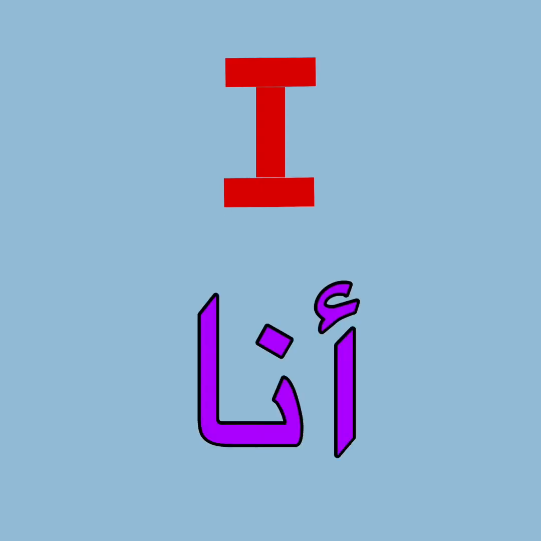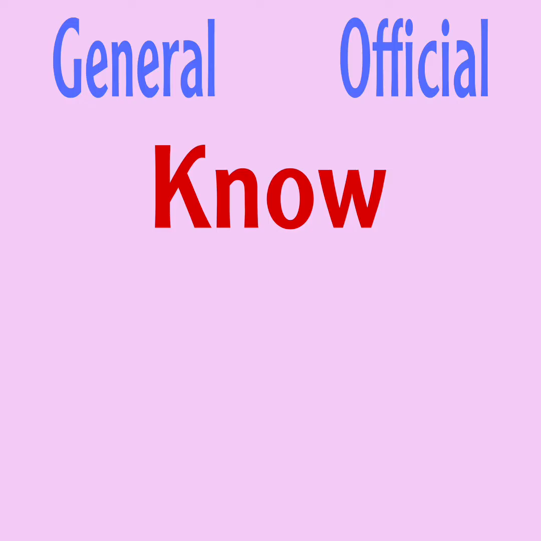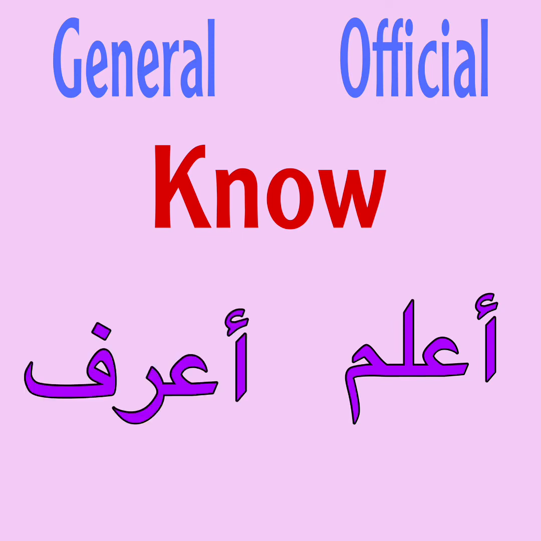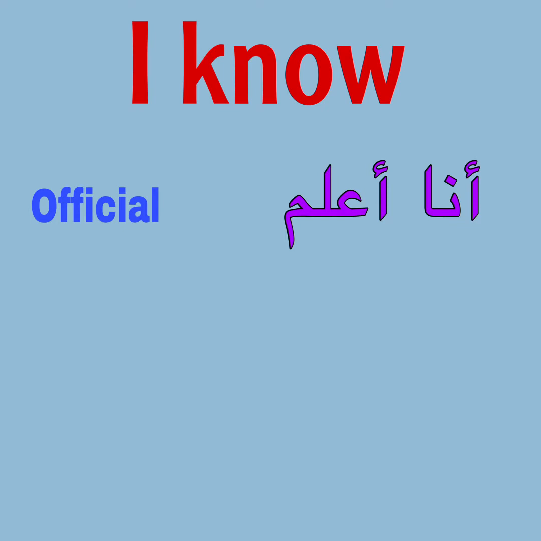How do we say I? Ana. I means ana. How do we say no, the word know, as in knowledge? A'lam, or you could say a'rif. So how do we say I know?